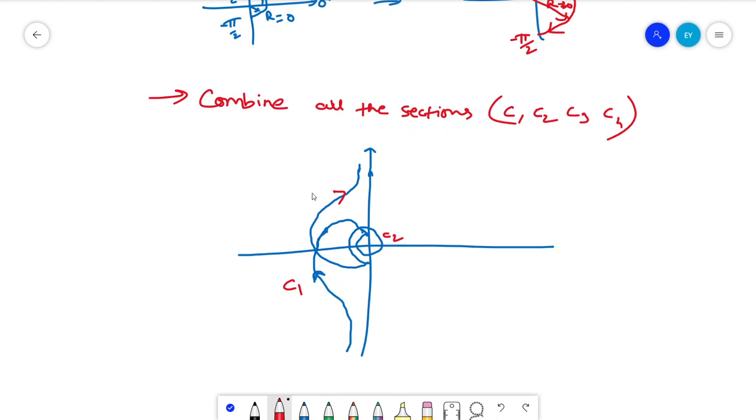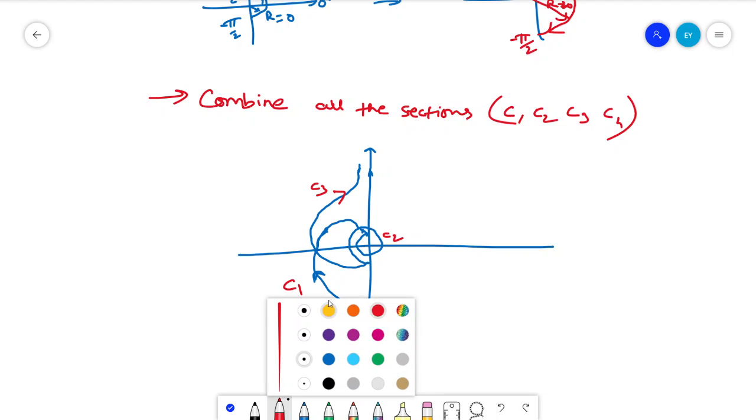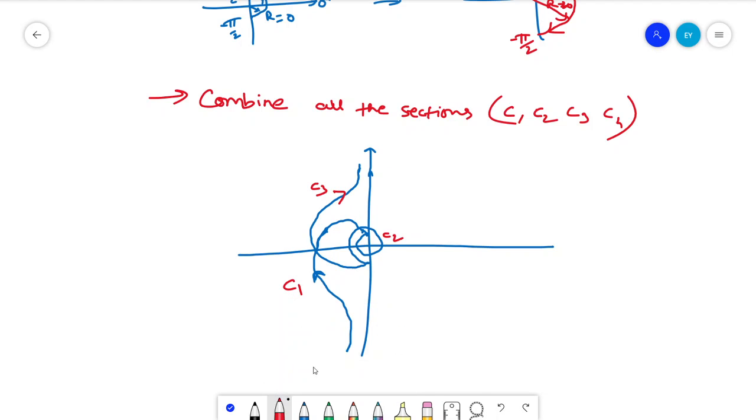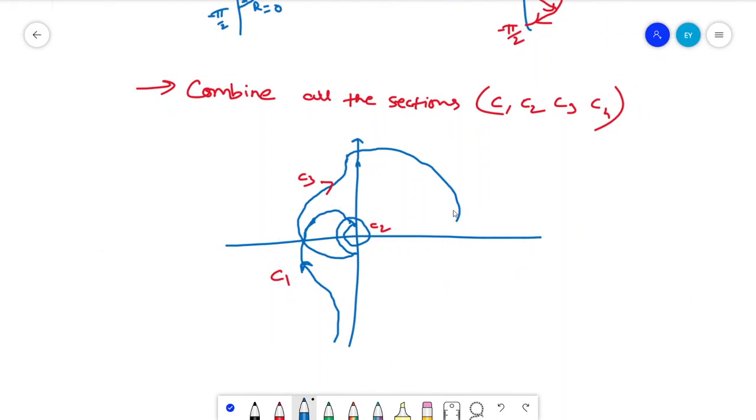Now from C3, what happened to C4? C4 is like this. It just encircled. This is the Nyquist plot. The direction is this way, C4.